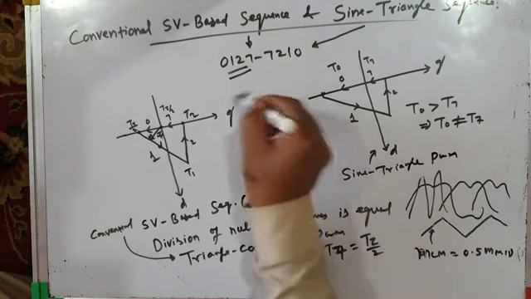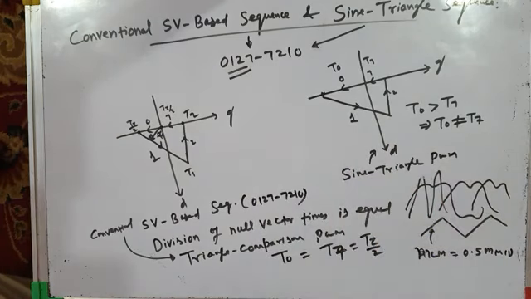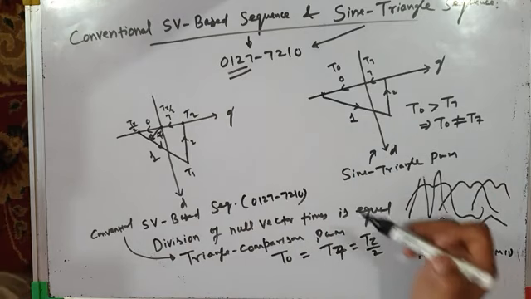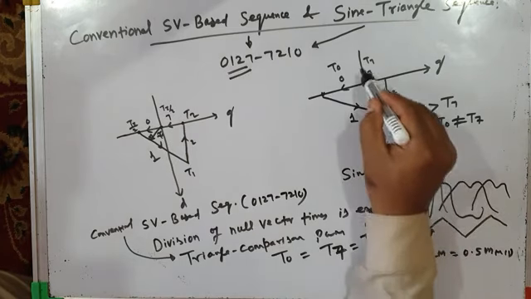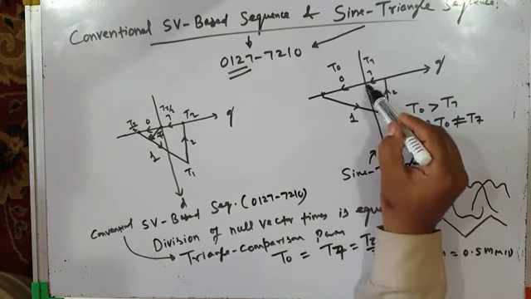Although the switching sequence is the same, the null vector timings are different. And this different null vector timing gives higher harmonic torque, because you can see, forget about d-axis, we are bothered about q-axis.